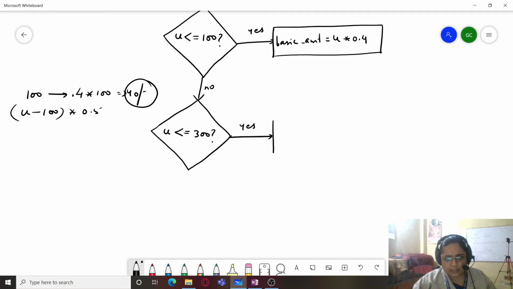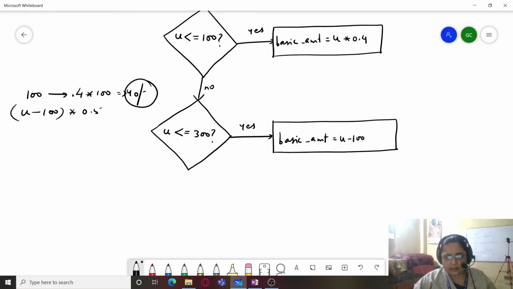So I will be calculating the basic amount like this. Basic amount equals U minus 100 multiplied by 0.5, and to this value I will be adding 40 rupees.